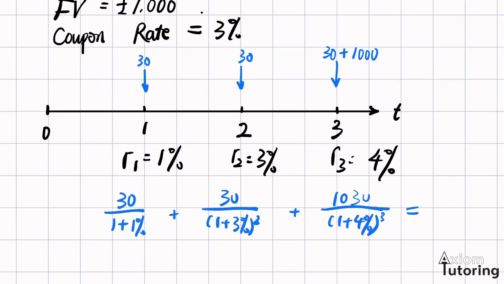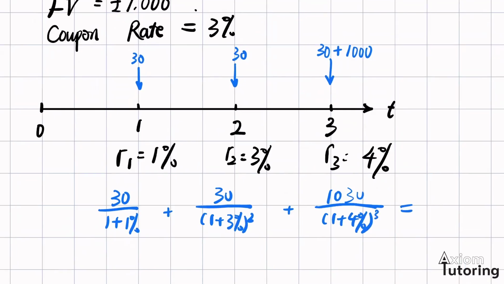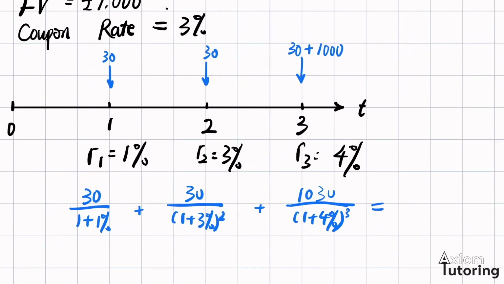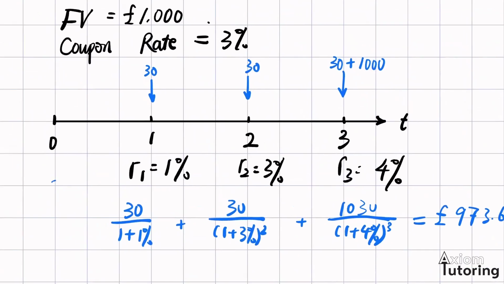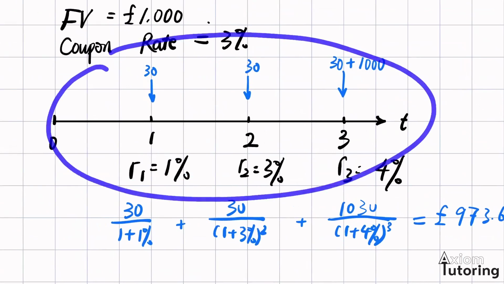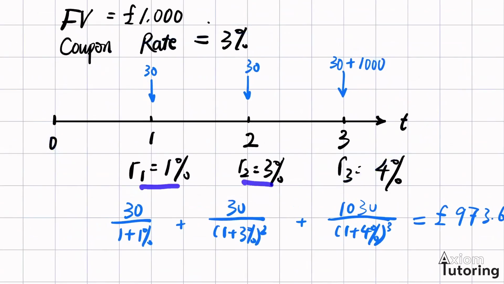Let's plug the numbers into the calculator, and they should give me the price of £973.65. So that's the price of such a bond, which has a maturity of 3 years and such a coupon rate and spot rates.